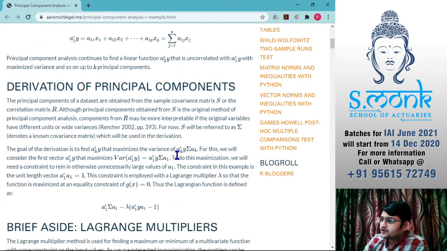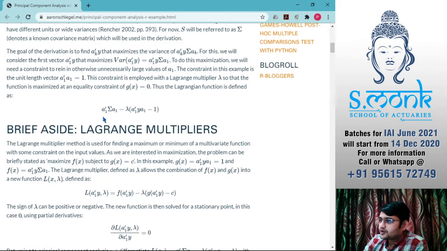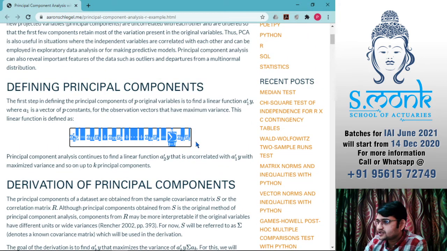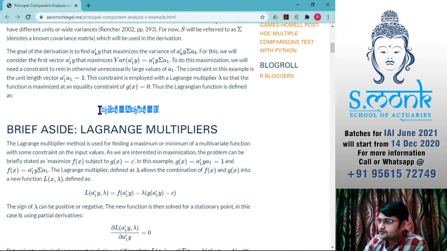Okay, derivation, we'll not talk about that. But if you have such a value in form, what is happening is we are converting this into such a form where we are saying there is a particular value lambda, for which this value will give us 0 or whatever desired value we want. We are looking for 0 in this particular case.